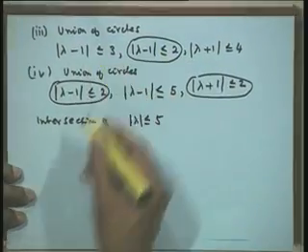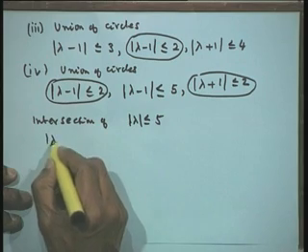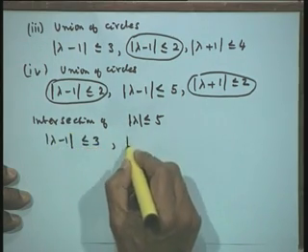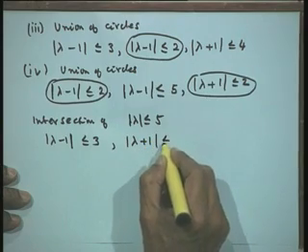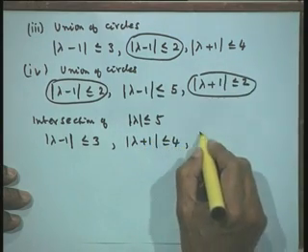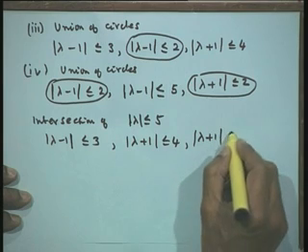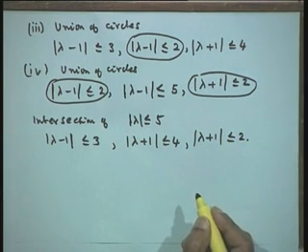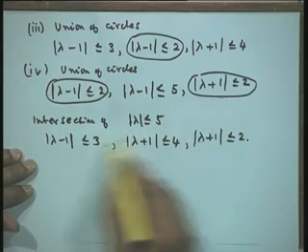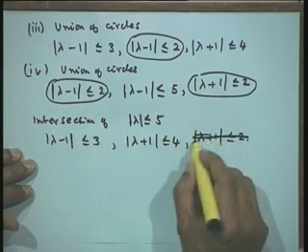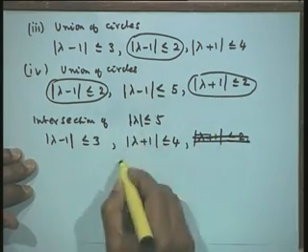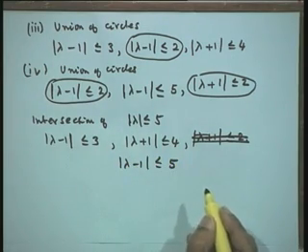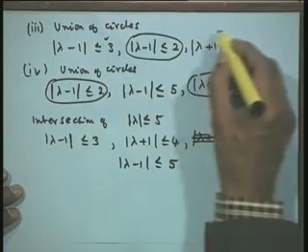Then from the union of circles, magnitude of lambda minus 1 less than or equal to 3, magnitude of lambda plus 1 less than or equal to 4, and magnitude of lambda minus 1 less than or equal to 5. I have picked up this one and this one.